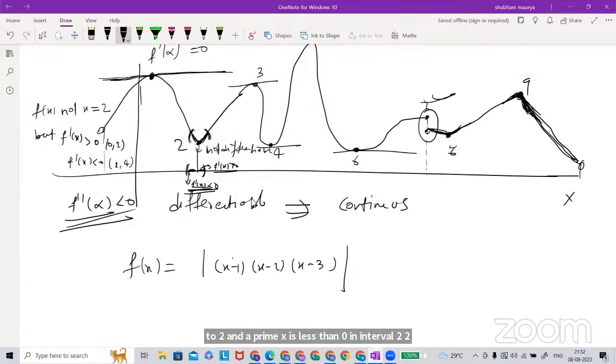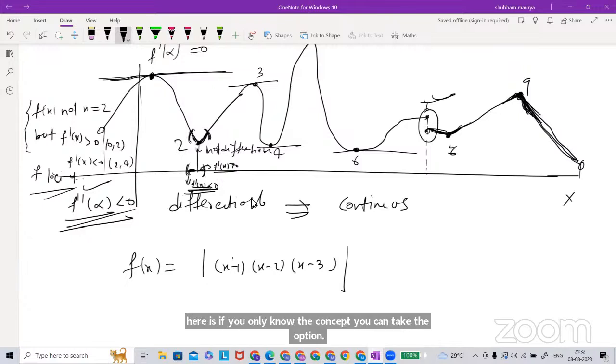Now, is f going to be local minima or local maxima? You have to check with the option. See how much information is given. If you know the concept, you can tick the option.